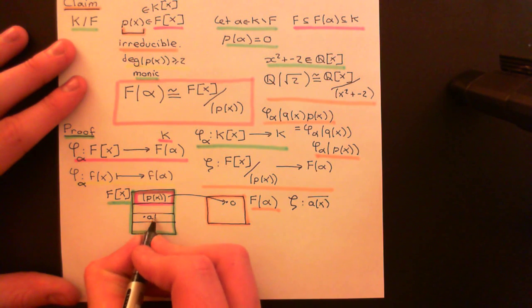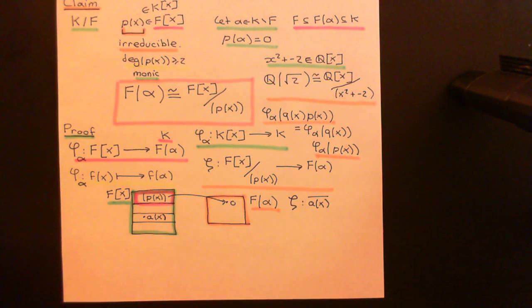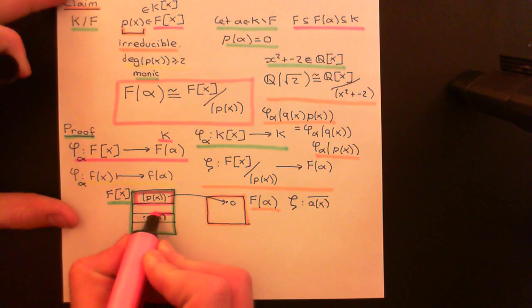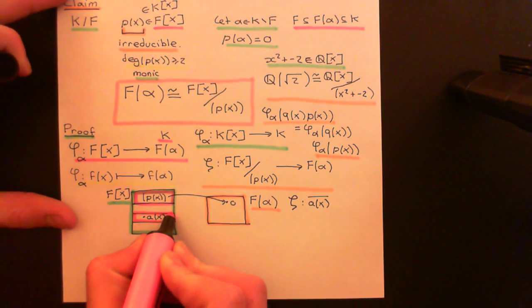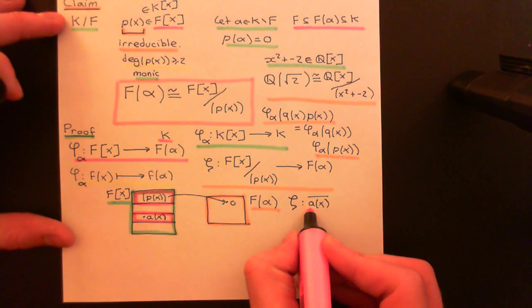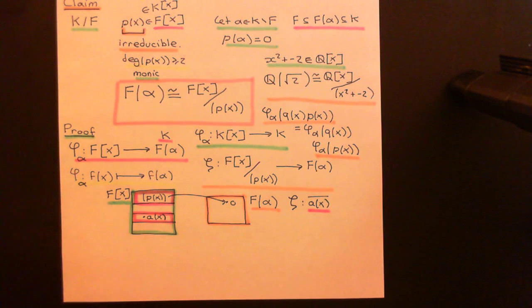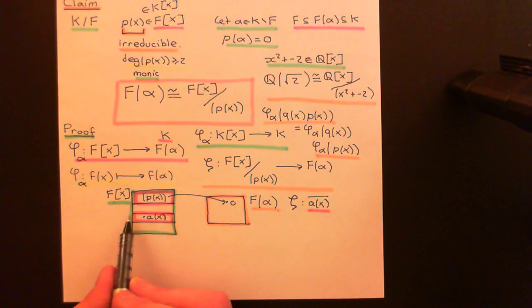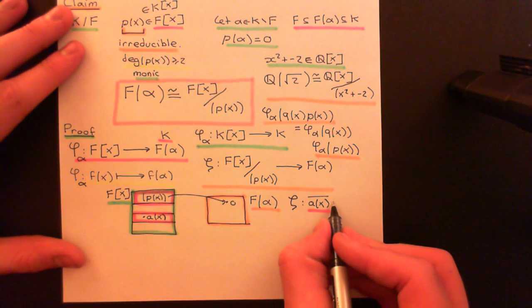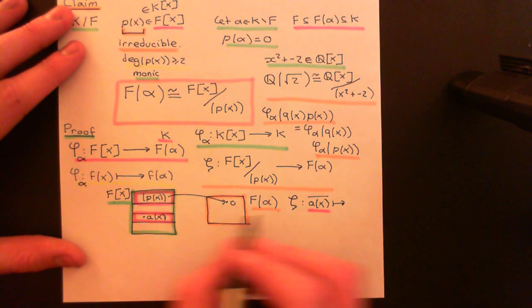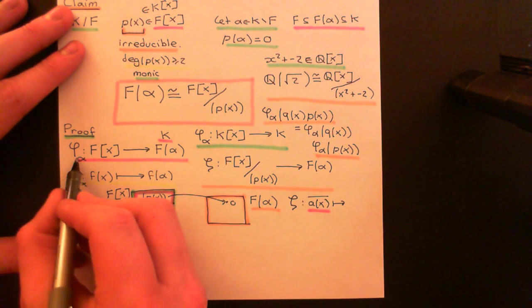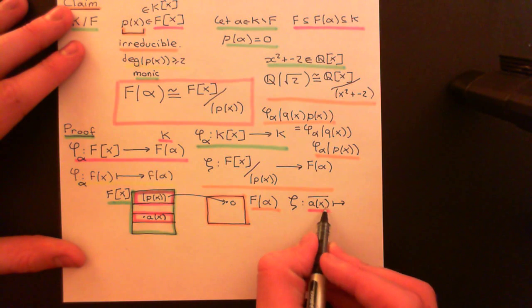So let's say we have this coset here, and one of the polynomials it contains is a of x here. I'll colour this in pink here. We'll call the coset that contains it, obviously, a of x bar. So what is it actually going to be mapped onto? What is this entire coset going to be mapped onto? Well, it's going to be mapped onto what the mapping phi would map a representative of this onto.